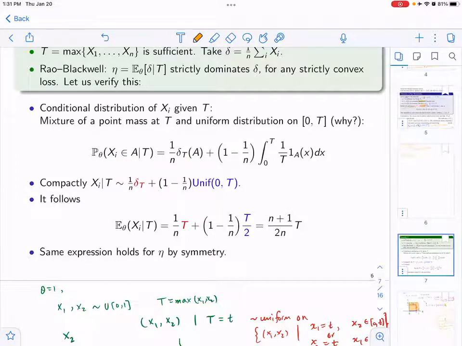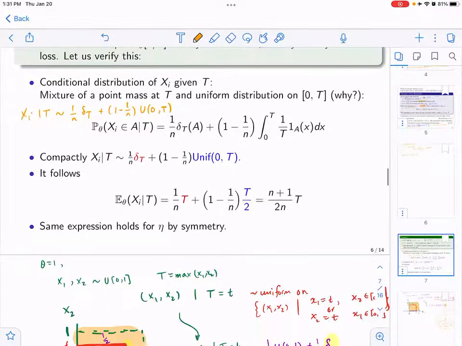So another way of writing it: xi given t is 1 over n delta t plus 1 minus 1 over n uniform on 0 to t. That's the distribution in the general case. There's a 1 over n chance that xi is the maximum. And in the other case, it would be uniform 0 to t. That's what I wrote here.